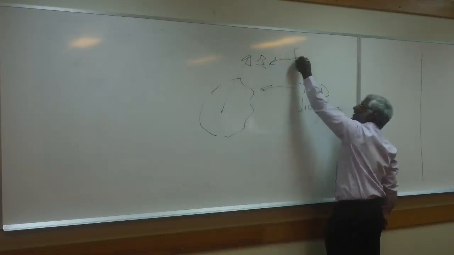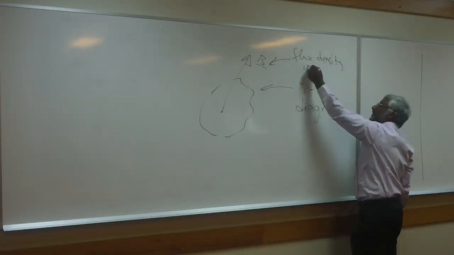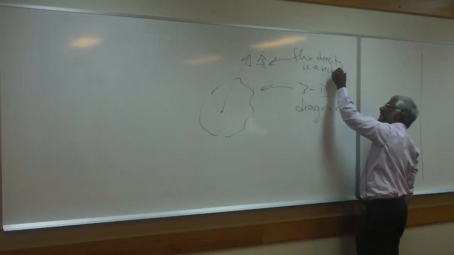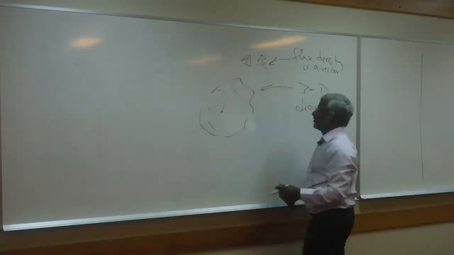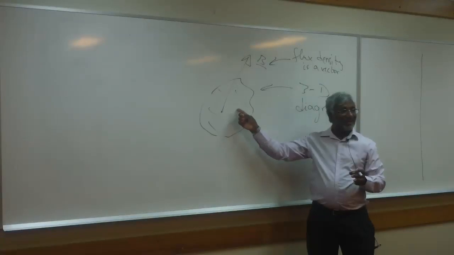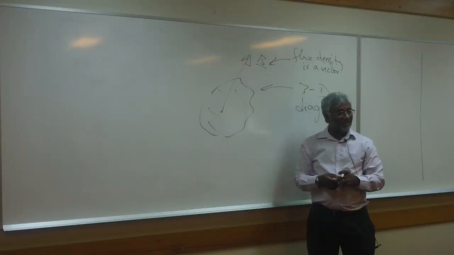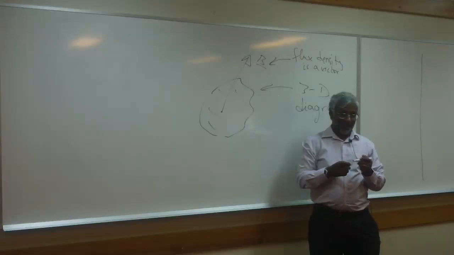So flux density is a vector. Now this is the area. Now you're looking at the flux crossing that area perpendicularly. So that's the amount of flux. The flux has to cross the area perpendicularly.